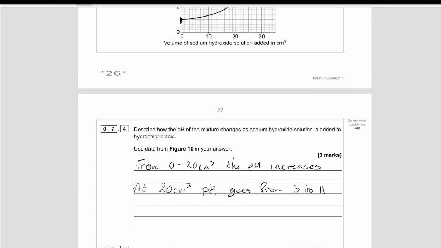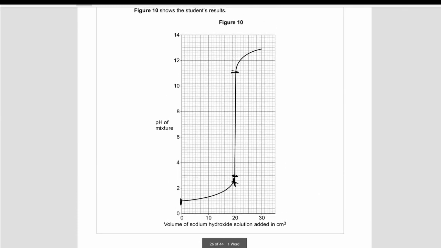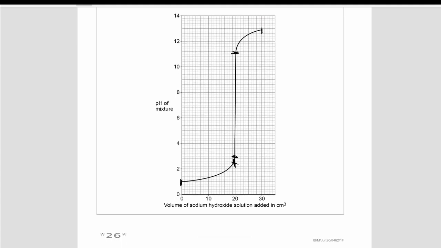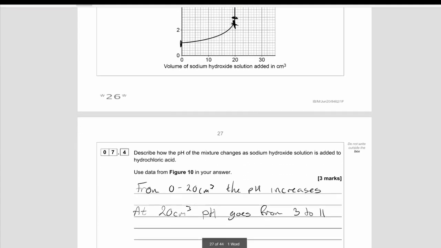And finally, from 20 up to 30, we again have a gradual increase.